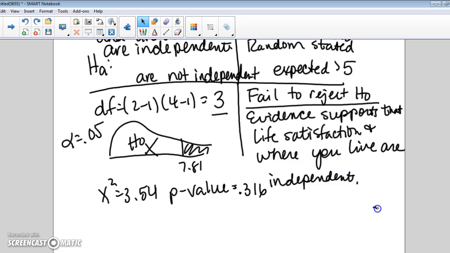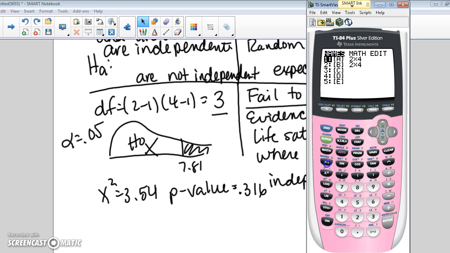And that is what we would have. So, okay, when you do chi-square, just remember you're going to use the matrix function.